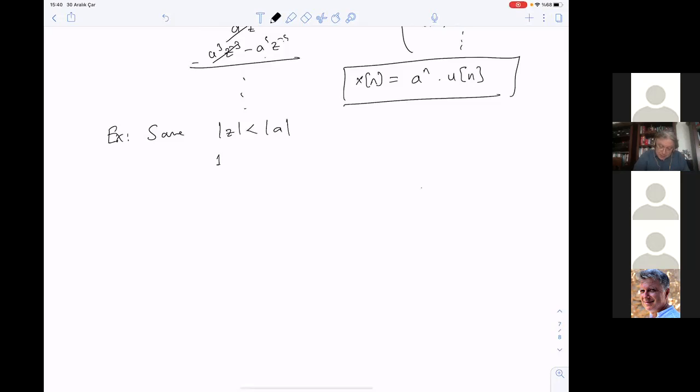So we again divide 1 by 1 minus a z inverse. But this time I want to proceed the result to positive z powers, something times z to the positive. And that first choice is a to the minus 1 z.